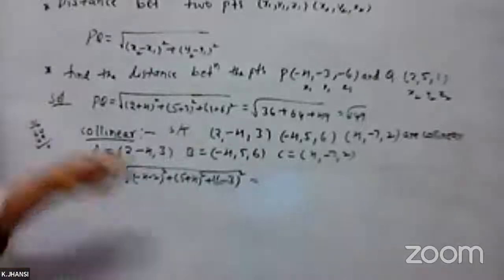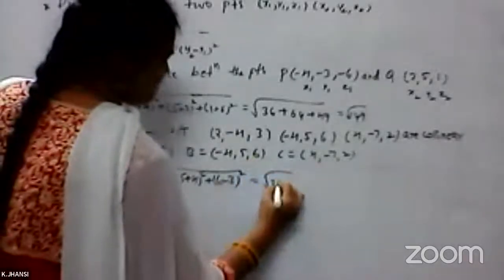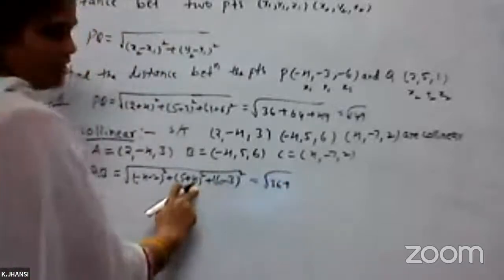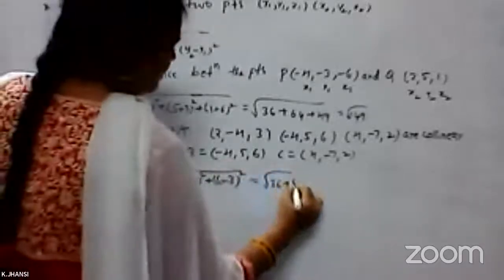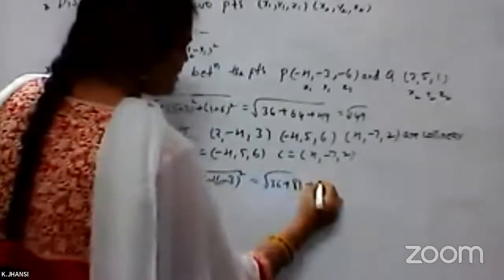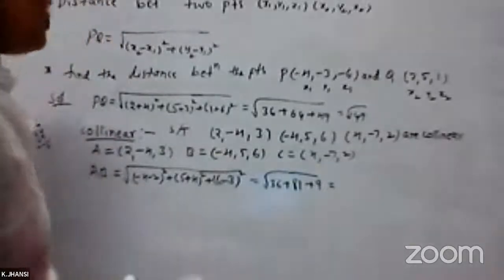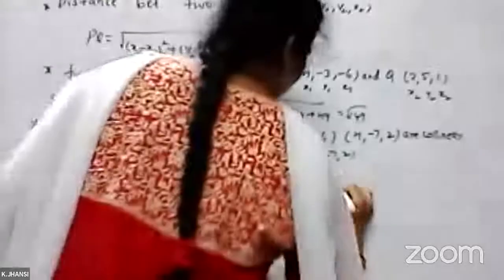So this is minus 6, and minus 6 whole square is 36. Plus 5 plus 4 is 9, and 9 square is 81. And 6 minus 3 is 3, and 3 square is 9. So you will get 126 under the root.